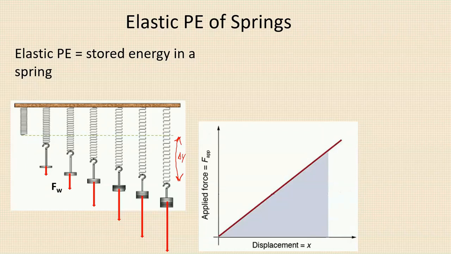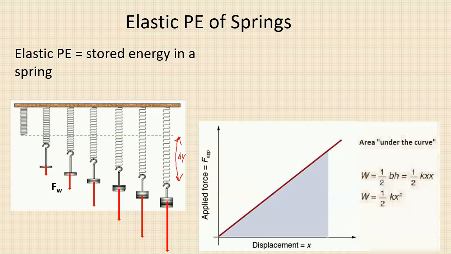Now if we graph the data that comes from that experiment, we'll get something that looks similar to this. You get a nice linear relationship between the applied force and the displacement until you reach the point where the metal of the spring itself actually starts to permanently deform and get stretched out of shape. And so we see this nice linear relationship here. So if we look at the actual area under the curve that's shaded here, it's simply multiplying the force times the displacement.